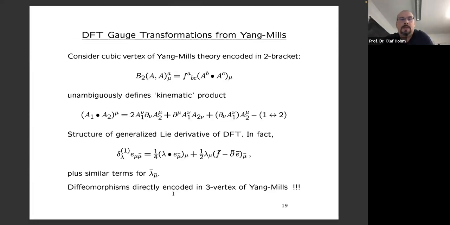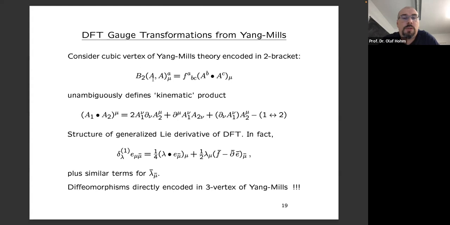Okay, maybe just for amusement, because I found it super intriguing when we realized this, is how the double field theory gauge transformations, the diffeomorphisms, in fact, emerge rather directly from the cubic vertex of Yang-Mills theory. Namely, this works as follows.